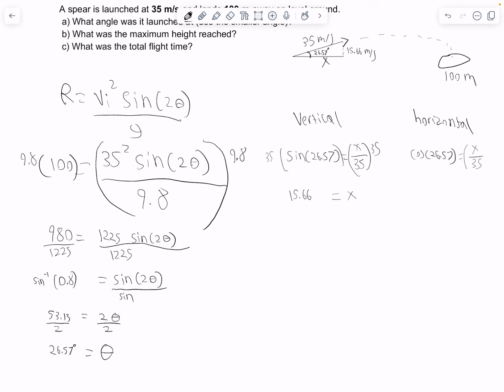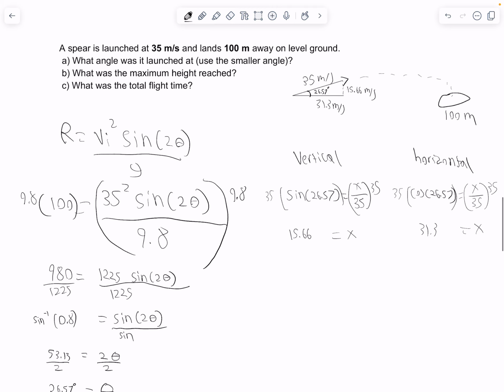To get x by itself, we multiply both sides by 35. This will give us 31.3. So we know that the x over here is equal to 31.3 meters per second.